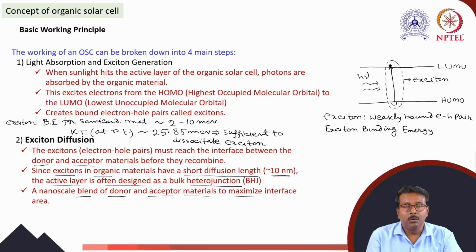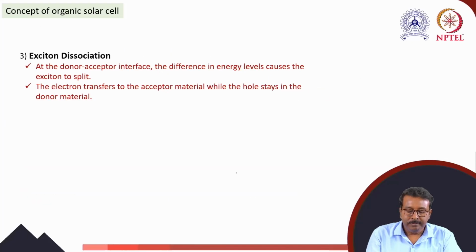That's why organic materials consist of different elements within them. So exciton diffusion is the next process. After generation, the exciton will start to diffuse, but within 10 nanometers on average you have to dissociate it, otherwise it will be lost. The third process is exciton dissociation, which I already discussed.